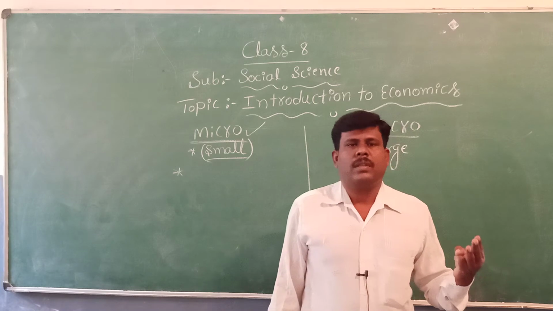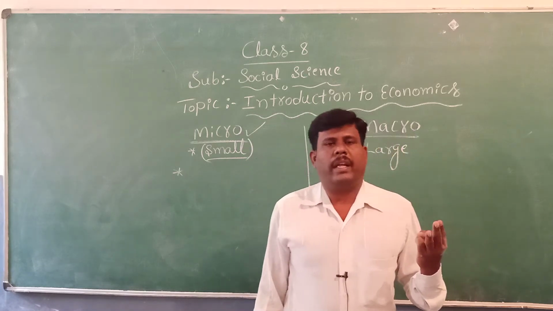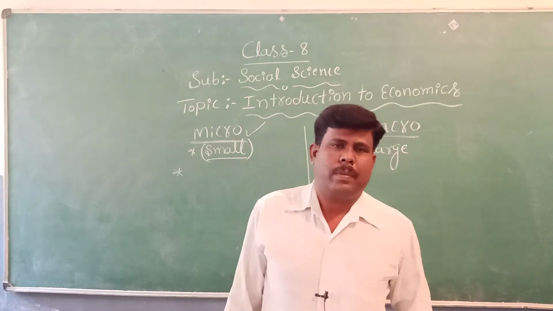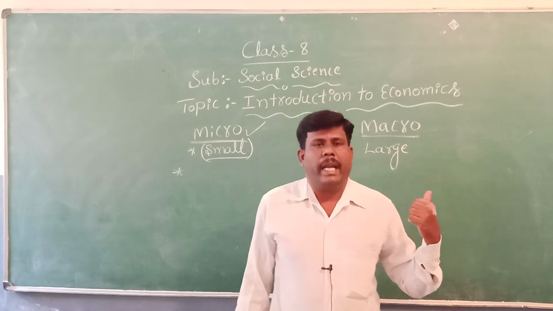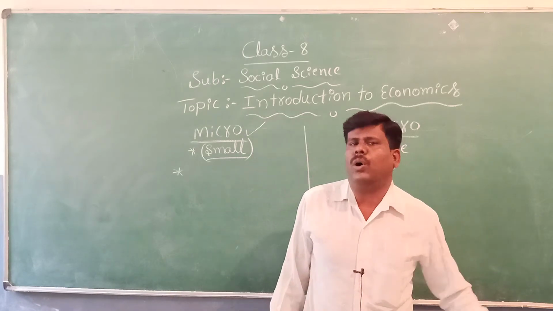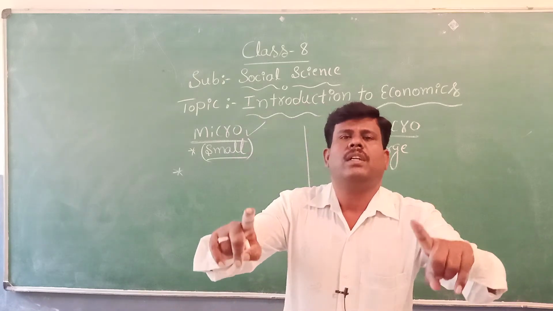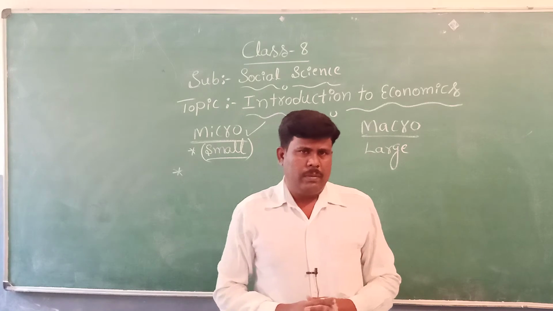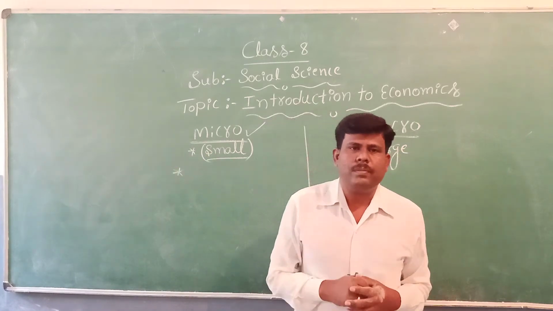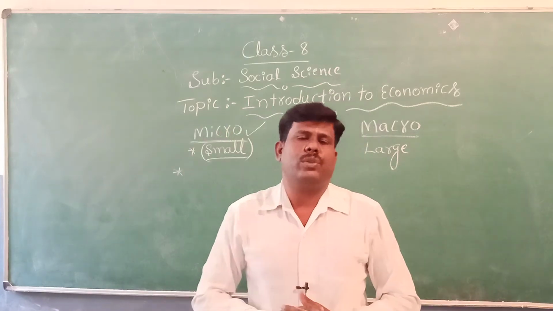Next, welfare activities. Next, regulation of inflation. Next, development of economic growth. These are the five important decisions taken by the government. These decisions are taken for the whole, not only one person or one state or one individual.